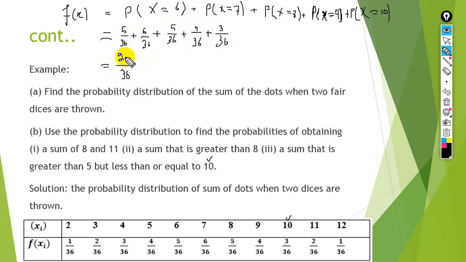So 23 divided by 36, so it is equal to 0.63888.